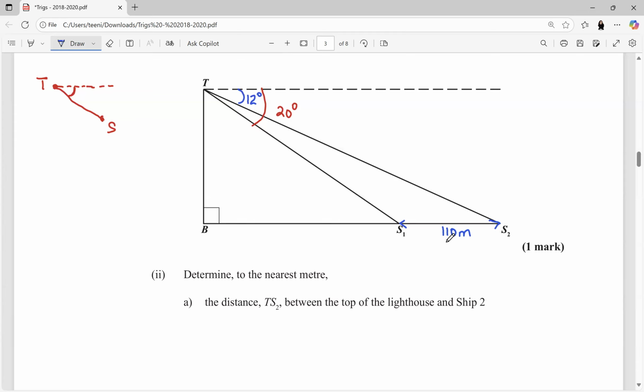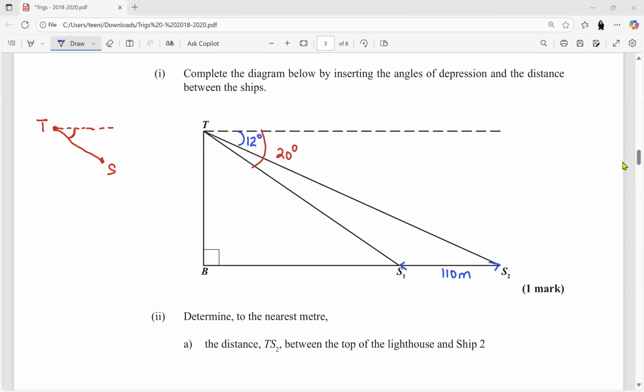So we use regular trig ratios like SOHCAHTOA. However, we do have other things that we can use from right here, maybe the sine rule.